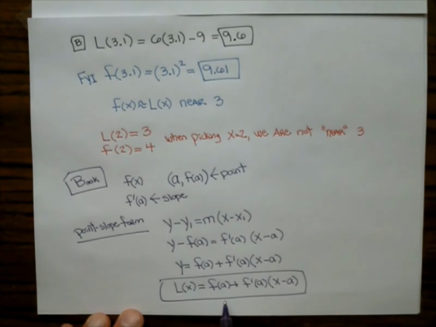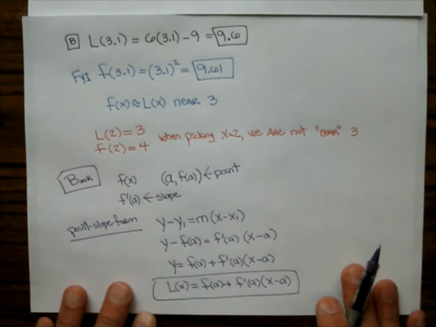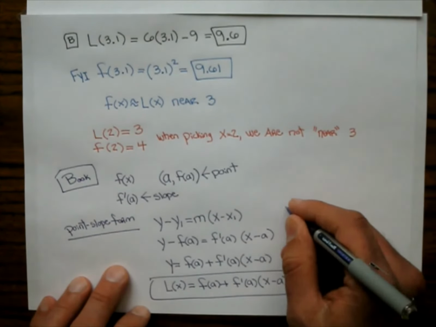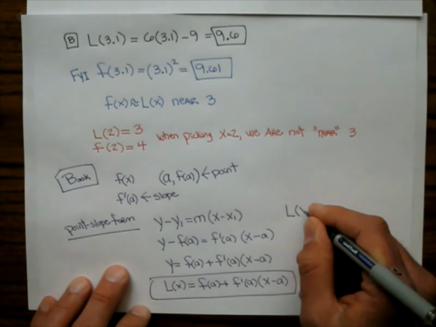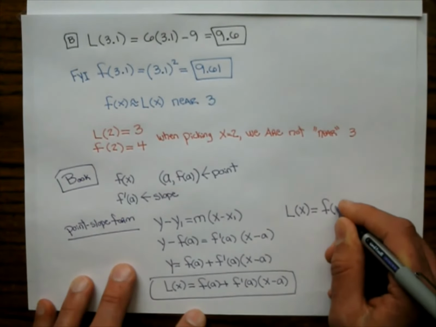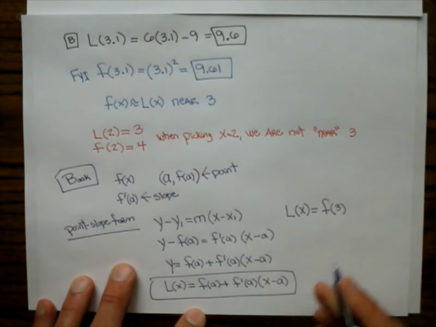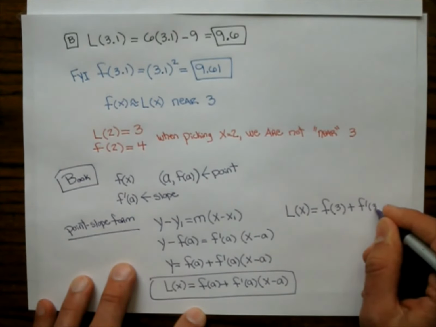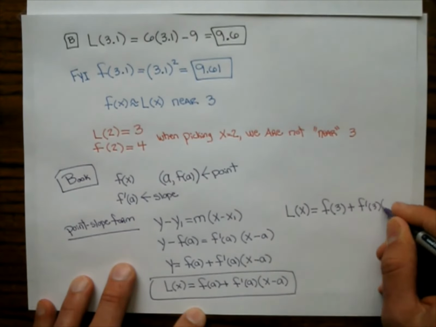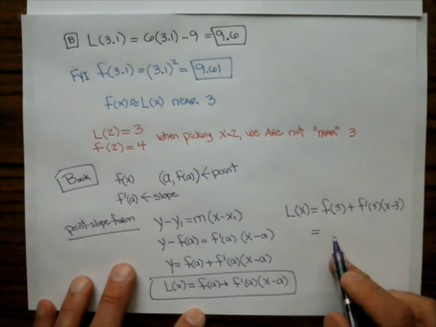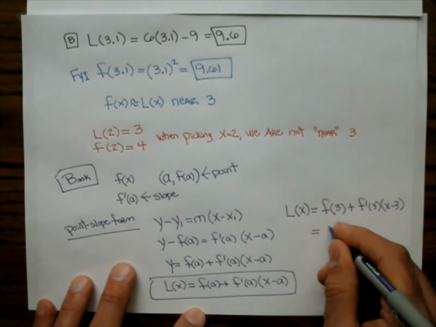And so this is cute. And it also works. So I'm going to show you that it works on our example. On our example, a was 3. So in our example, we could have gone like this: f of 3, I'm rewriting this, plus f prime of 3 times x minus 3. If you look at f of 3, that's 3 squared, which is 9.